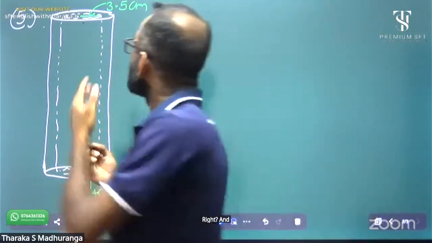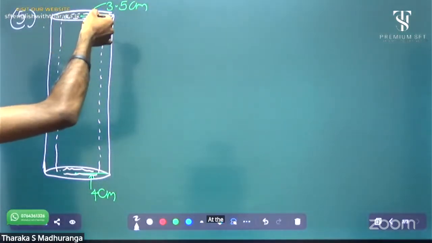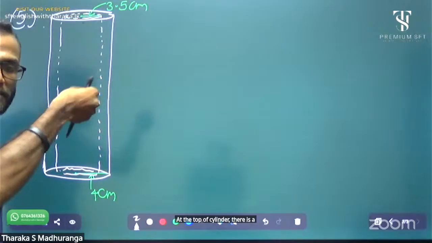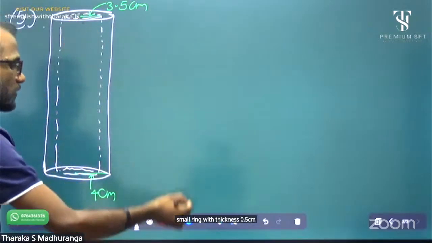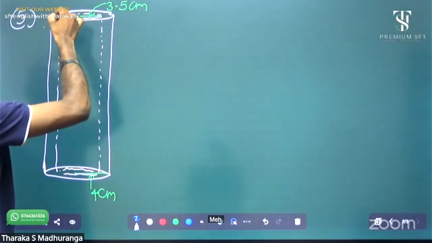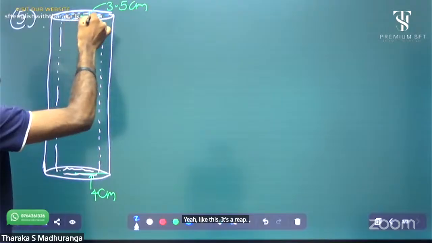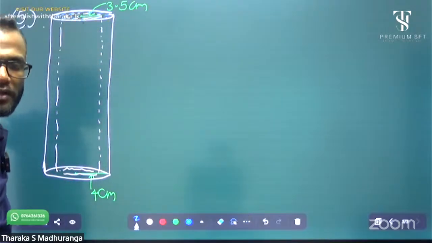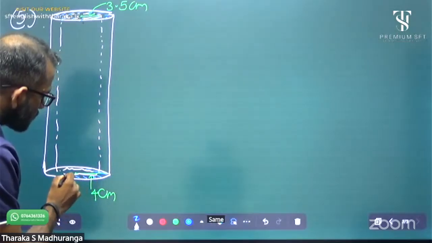And at the top of the cylinder, there is a small ring with thickness 0.5 centimeter. Yeah, like this, it's a ring. And the bottom also has a same-size ring, same thickness.